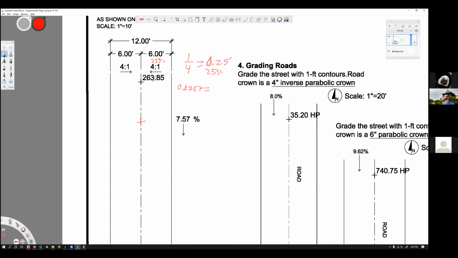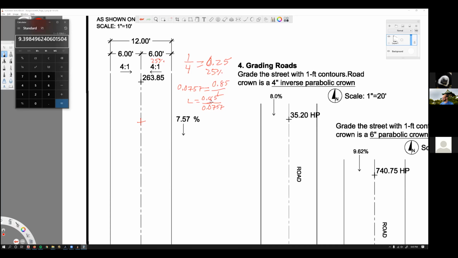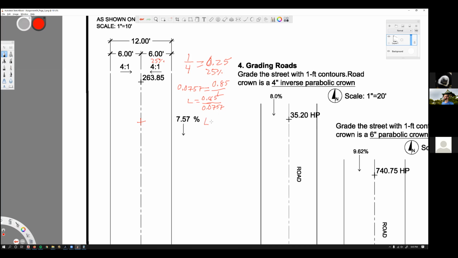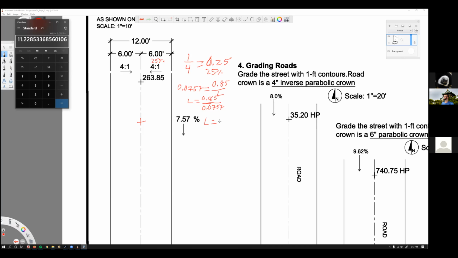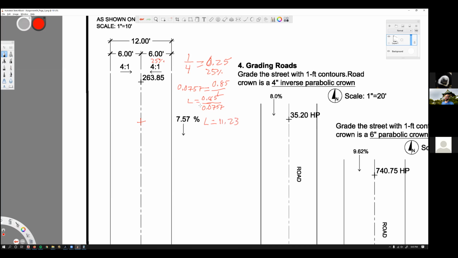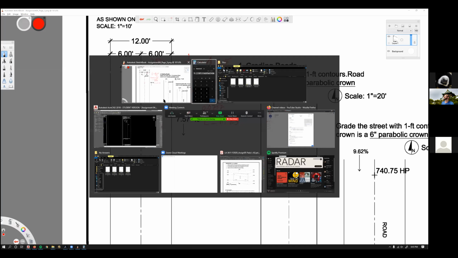We know our difference in elevation, 263.85 minus 263, 0.85, and we're looking for the L. So the L and the slope switch places, 0.85 over 0.0757, right? Do the calculator, 0.85 divided by 0.0757. That'll give us our distance. L equals 11.23. Round it up to 11 for drafting wise.